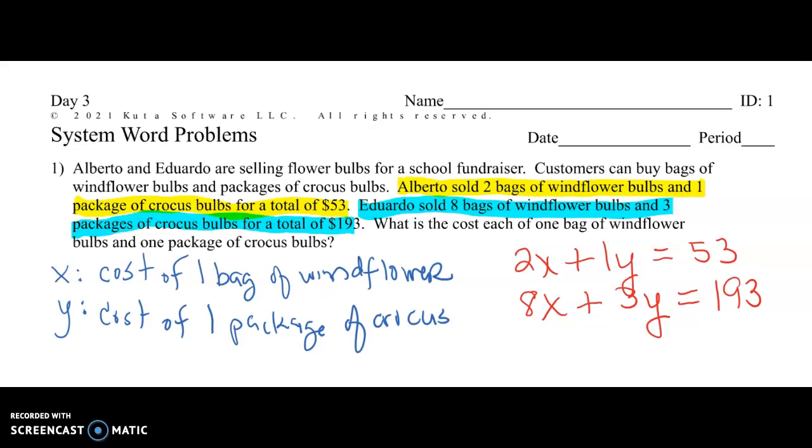All right, so now we need to solve this system to help us find the answers for our word problem. Based on the way it's set up, we definitely want to use the elimination method to find the solution for this system, which again is going to be the solution for our word problem.